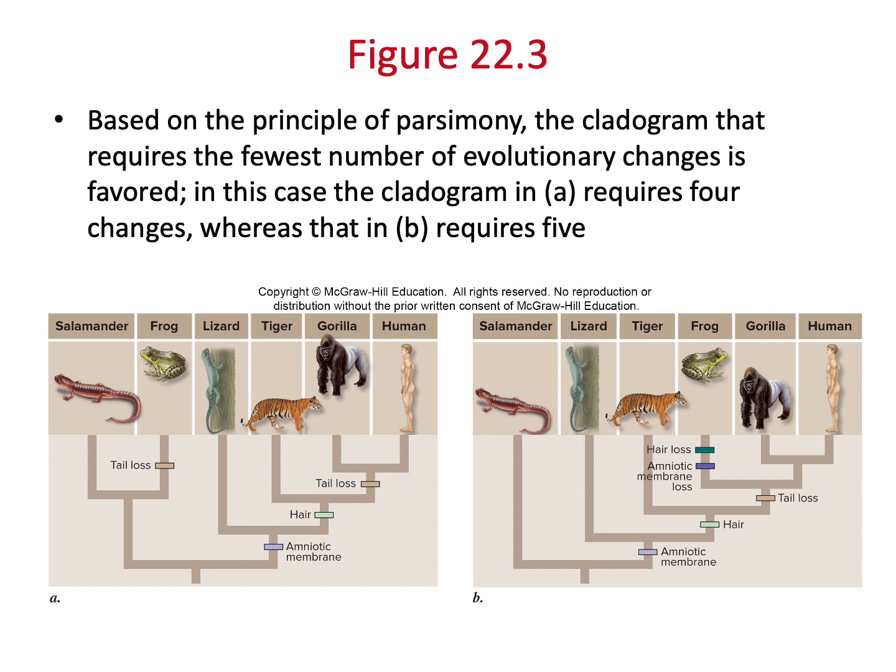Hair could have evolved independently in tigers and humans and gorillas. Now, as you can see, the cladogram depicted in picture A requires 4 changes, whereas the cladogram depicted in B requires 5 changes. Therefore, by the principle of parsimony, the cladogram that requires the fewest number of evolutionary changes is cladogram A. So that is favored to avoid this problem with homoplasy.